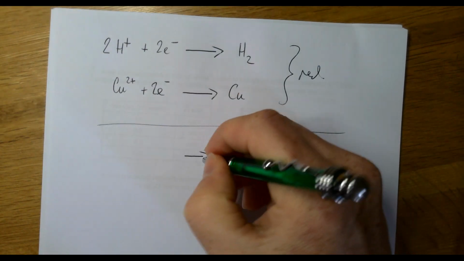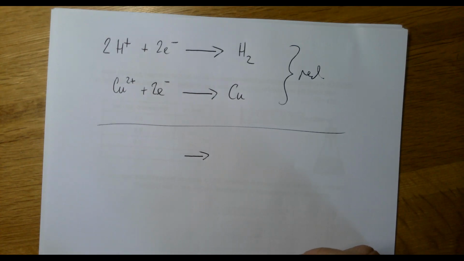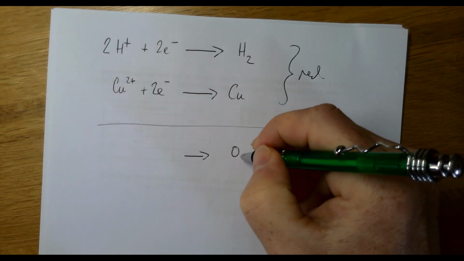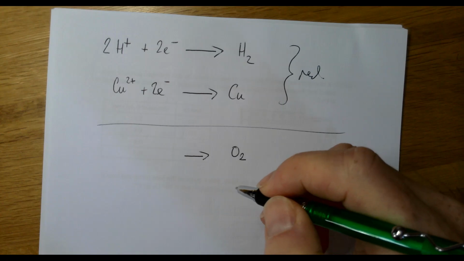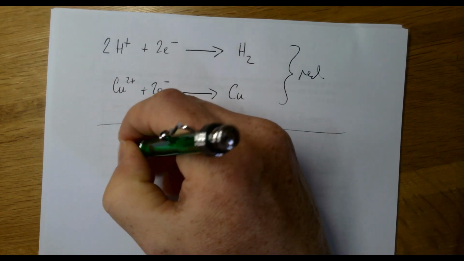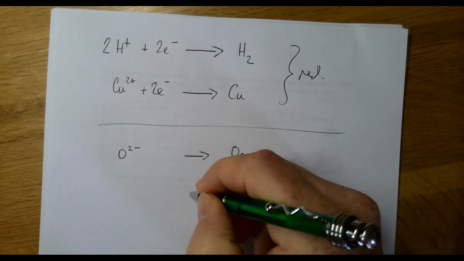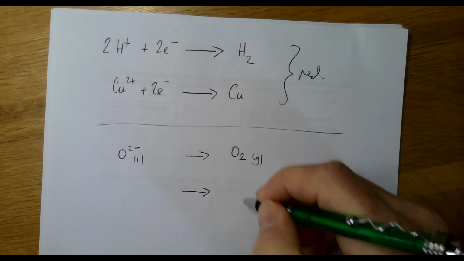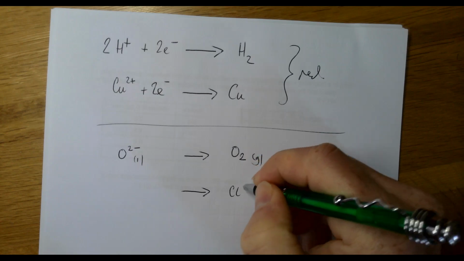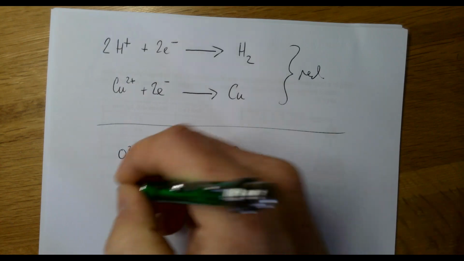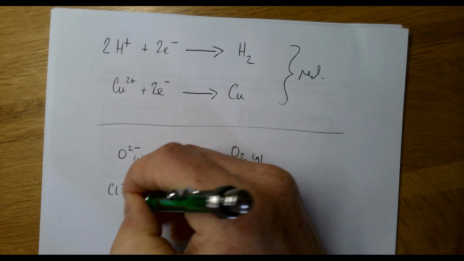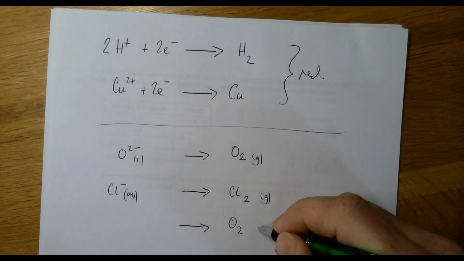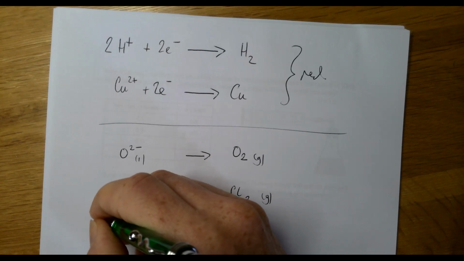Or for the oxidation that happens at the positive electrode, we might be forming the elements. It could be, if it was, say, molten aluminium oxide, we might be producing oxygen from oxygen 2-, or it might be we're producing chlorine gas from chloride ions in aqueous sodium chloride, for example, or it might be we're producing oxygen from hydroxide ions.